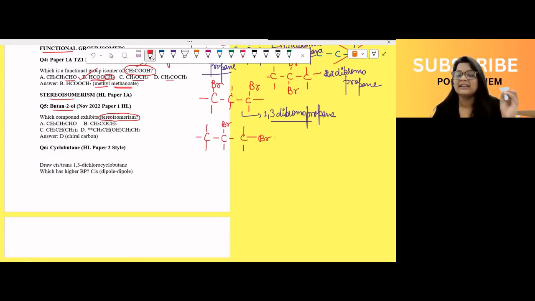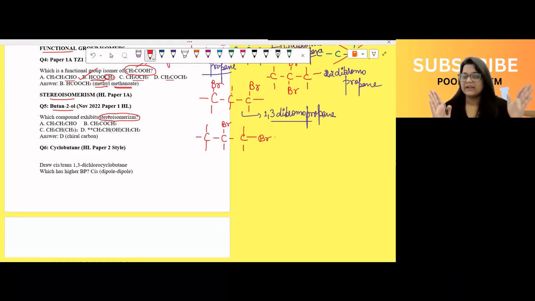On this note, the two mirror images that we get of the optical isomers are basically called enantiomers, and the mixture, because we get 50-50% of both mirror images, is called a racemic mixture, and the process is racemization.